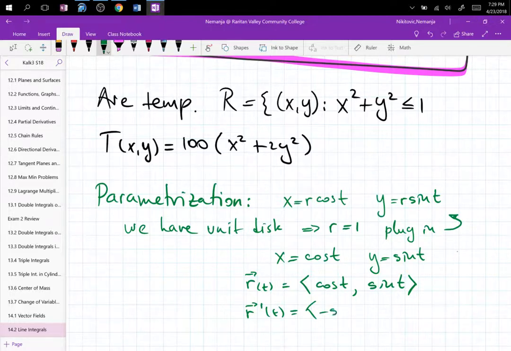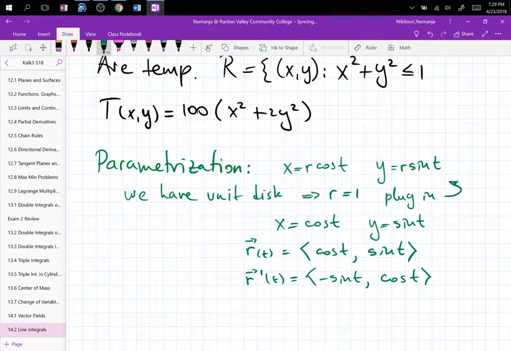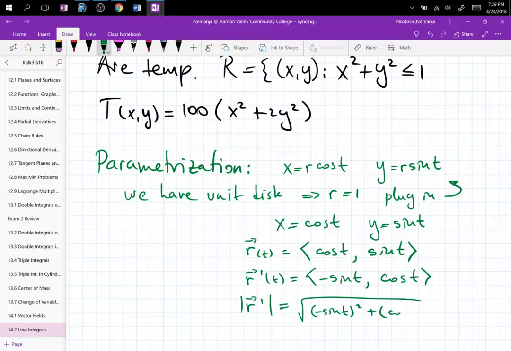Derivative of cosine is negative sine t, and derivative of sine t is cosine t. So I will need that, because I need to compute the magnitude right now. So the magnitude of this is going to be the square root of negative sine t squared plus cosine t squared, and the whole thing is 1. Okay, so this is the part on parameterization.